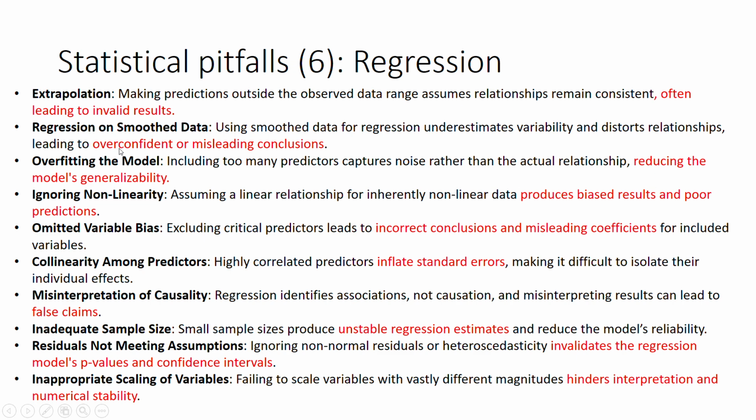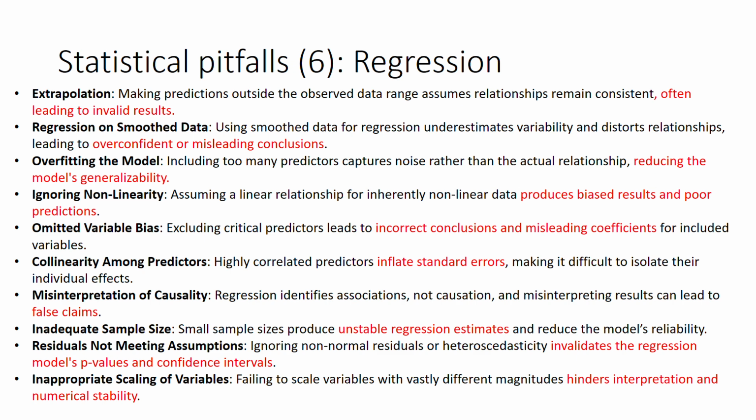So you might be overconfident on your prediction probability, and doing an overfitting of the model, so including too many predictors that are capturing the noise rather than the actual relationship. We gave an example of this before when we had these models with many parameters.